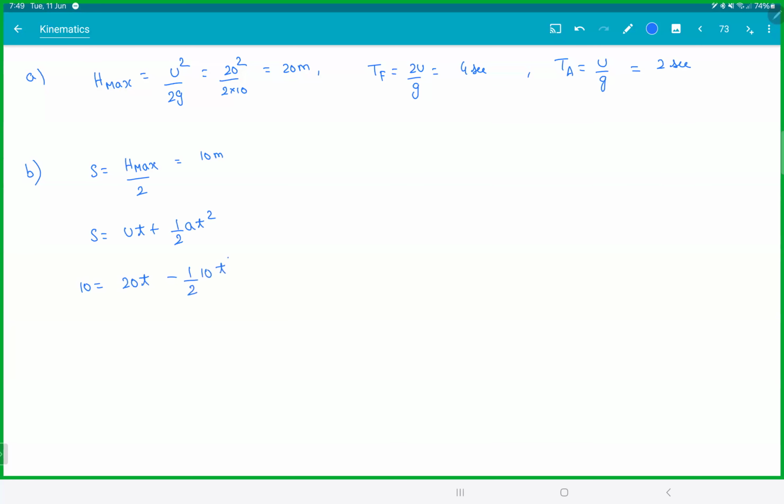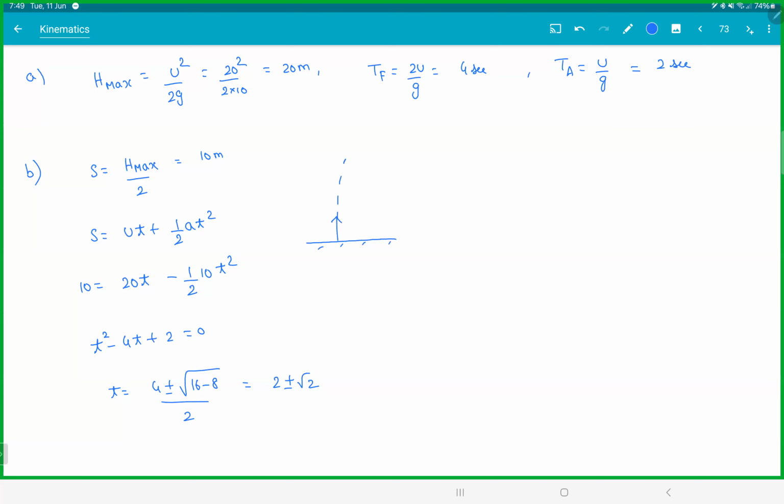You get a quadratic equation. We end up with t square minus 4t plus 2 is equal to 0. When you solve this, you end up with (4 plus or minus root of 16 minus 8) by 2. This turns out to be 2 plus or minus root 2. This we talked about in quadratic equations in basic maths.